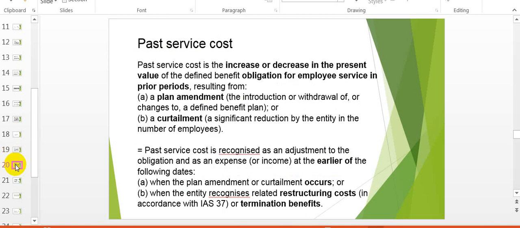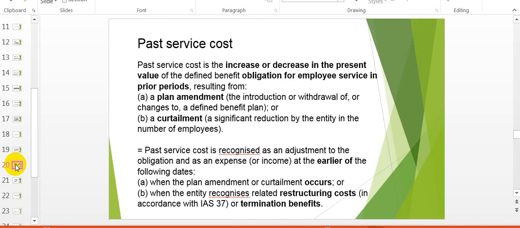Next, we look at the past service cost. The past service cost is the increase or decrease in the present value of the defined benefit obligation for employee services in a prior period. Past service costs result from either the entity making an amendment to the plan, or where there's a curtailment, which is a significant reduction by the entity in the number of employees.